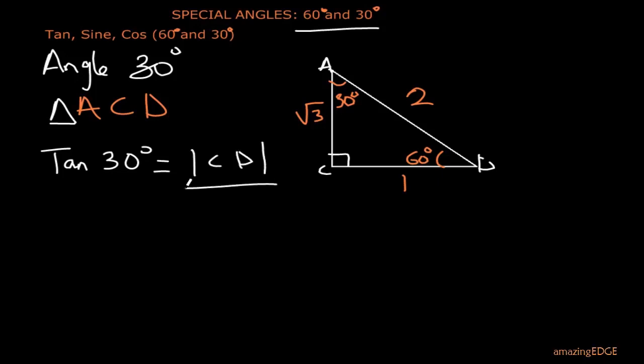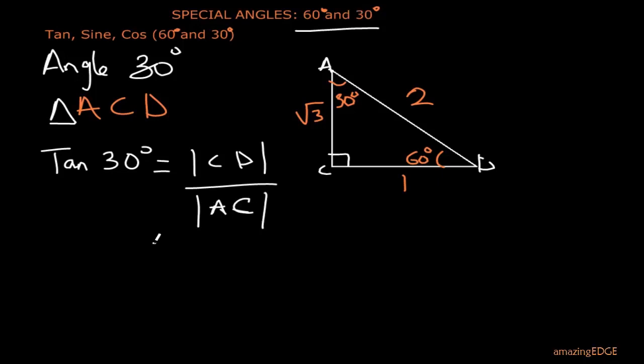The side facing this right angle is always the longest side, which we refer to as the hypotenuse. Therefore, the remaining side, which is this line, will become the adjacent. So the adjacent is now line AC.